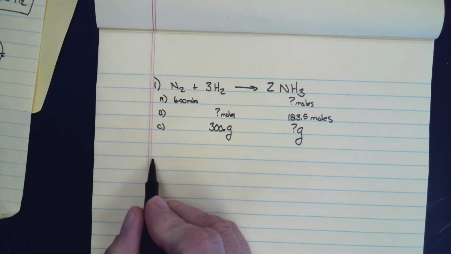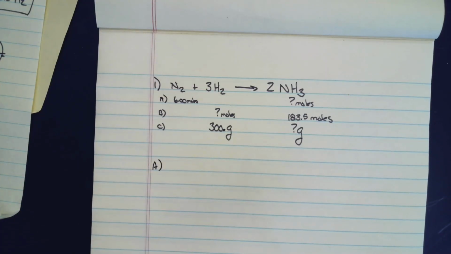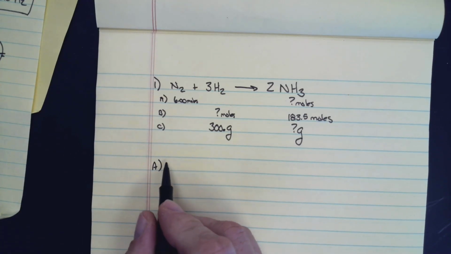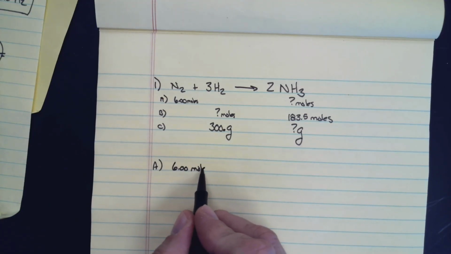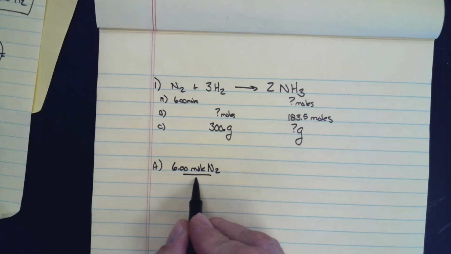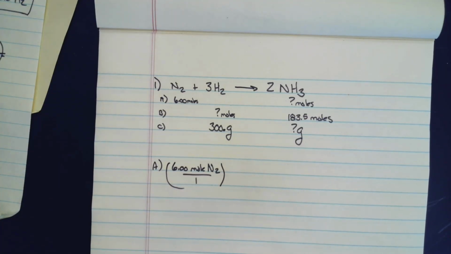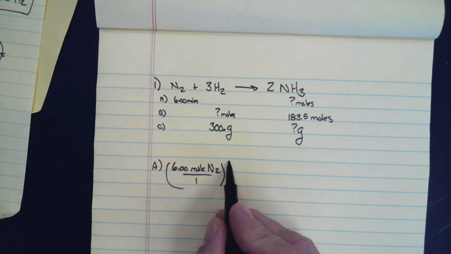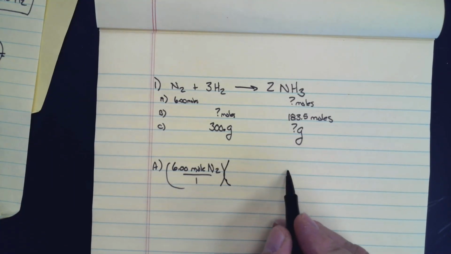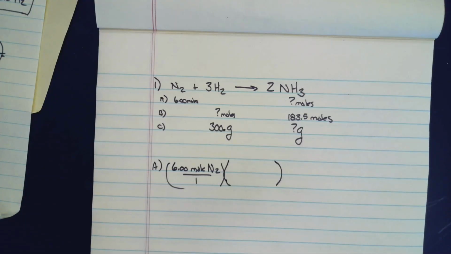So for part A, when I do it, I'm always going to start with what I know. I'm given 6 moles of nitrogen, and I'm going to write that over 1. And I'm going to take the time to write moles and nitrogen. Now, the first step usually is to convert it to moles, but they gave it to me in moles, so I don't need to worry about that.